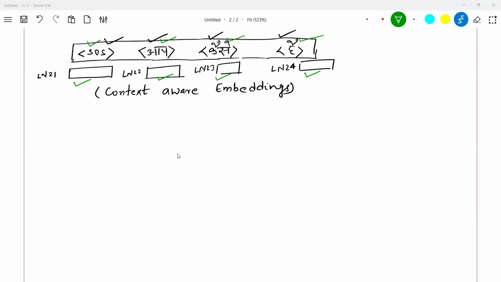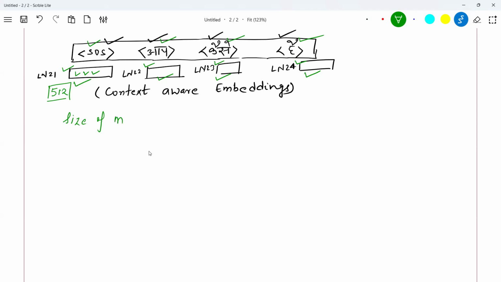First of all, what is the size of this matrix that I am talking about here? Size of one vector will be equal to your embedding size. Suppose your embedding size is 512. So all these vectors will be 512 dimensions, correct? So size of each vector is 512.